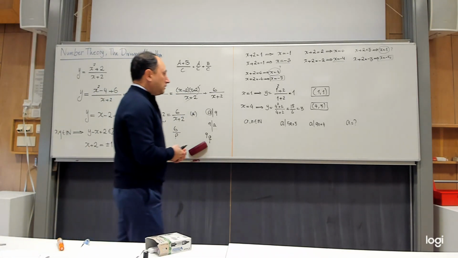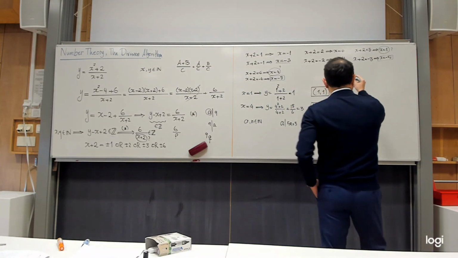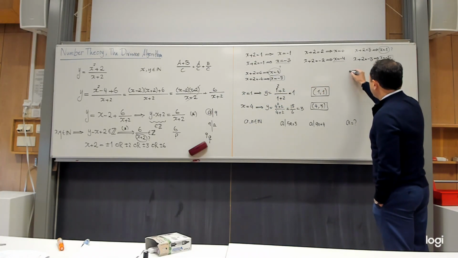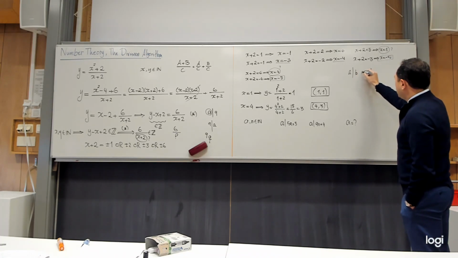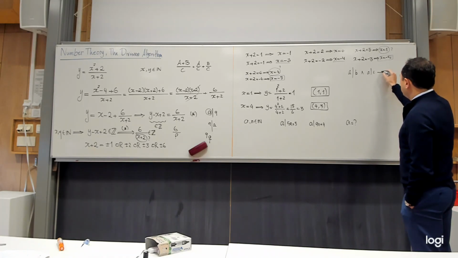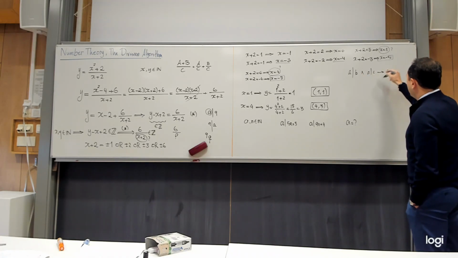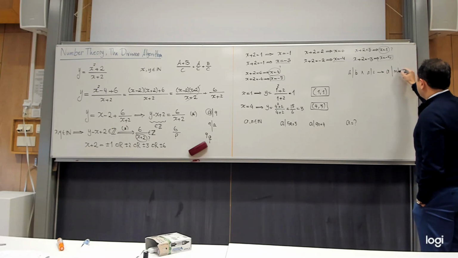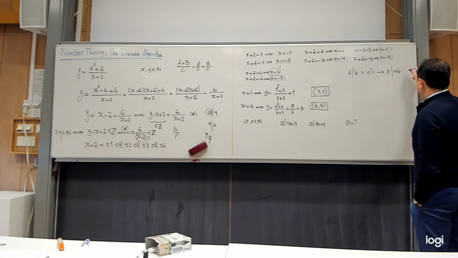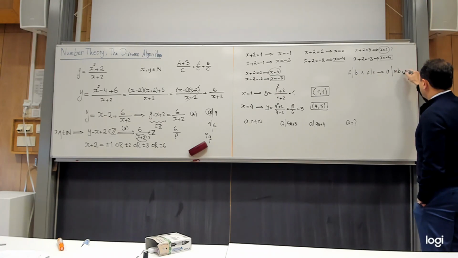One of the things that I want you to remember, I told you, is a very, very important theorem. It's simple but very effective. If I have A dividing B and A simultaneously dividing C, do you remember I told you that you can multiply this by any number that you like? Of course, an integer. Yes? And then you can multiply this by any other integer that you like and you can add them.